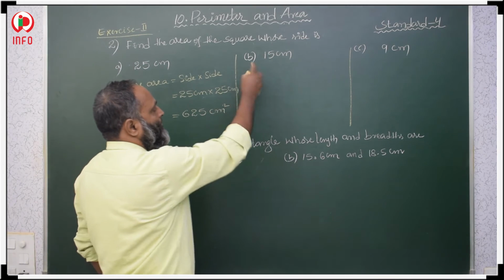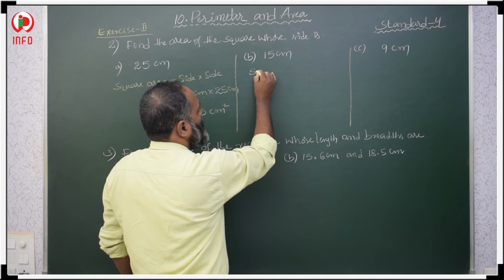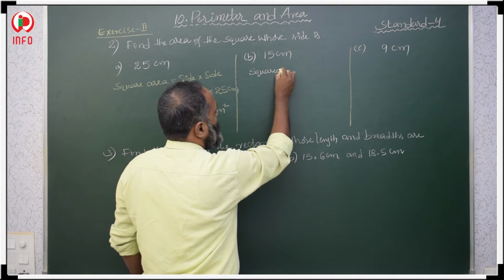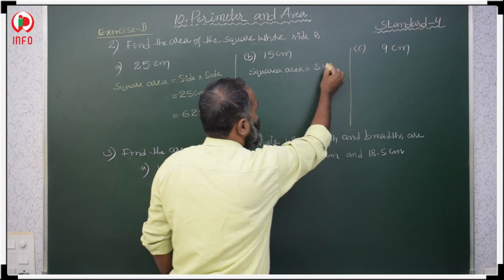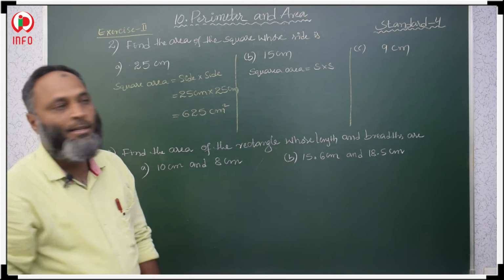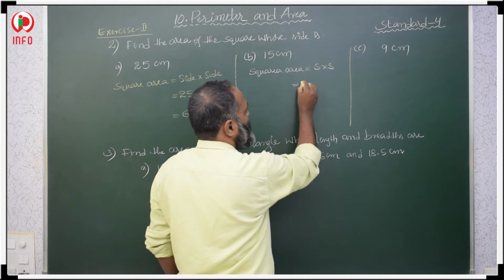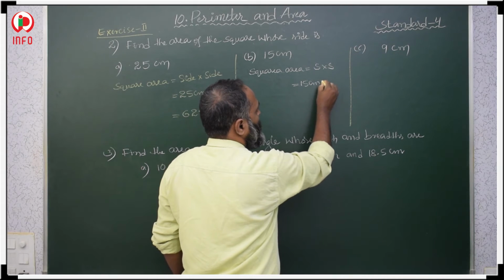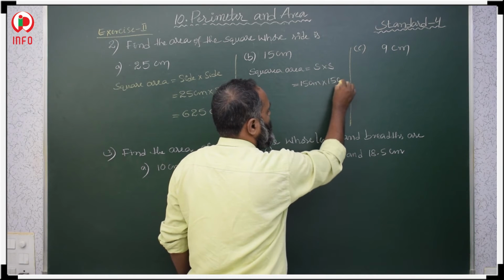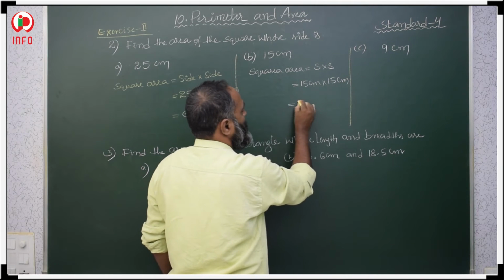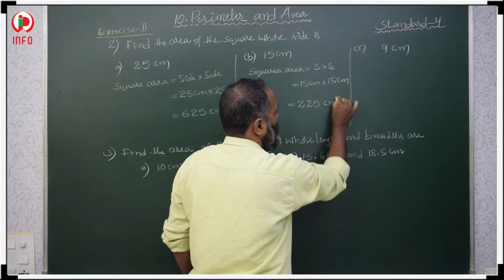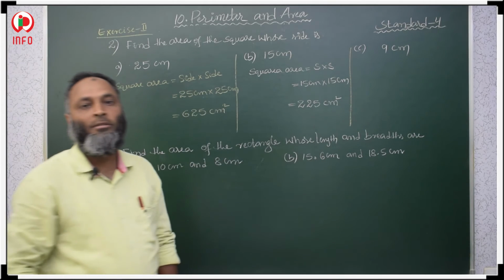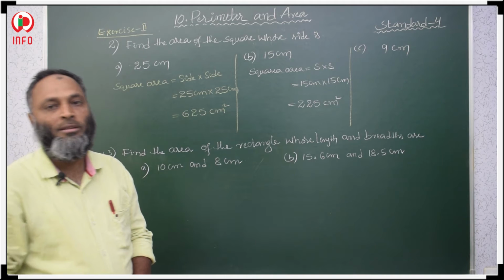Next, here square area, that is S into S. S means side into side. Side is 15 centimeters. 15 centimeters into 15 centimeters. 15 15s are 225 square centimeters.